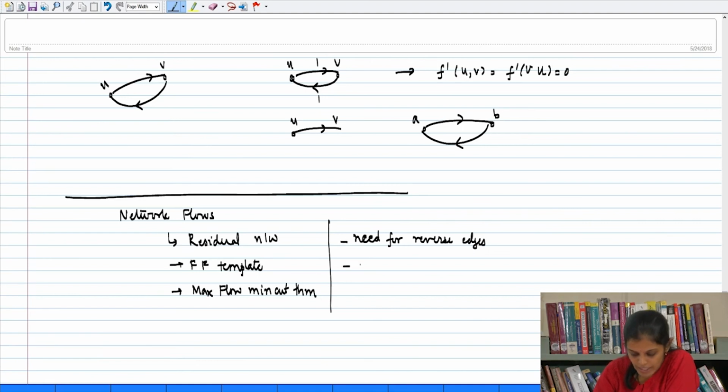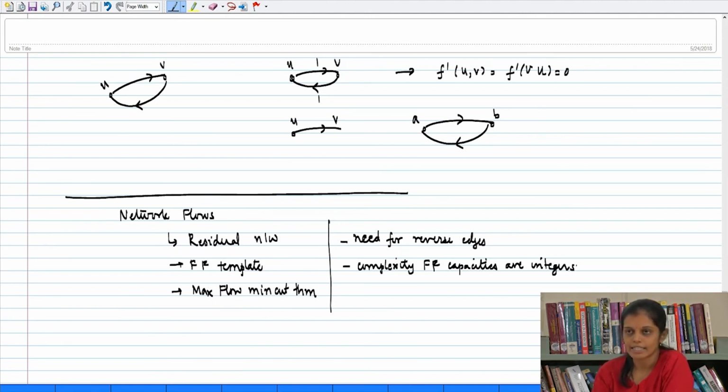Then we also visited the complexity of the Ford-Fulkerson method under the assumption that the capacities are integers, and we saw that the complexity involves a term which has the max capacity on any edge, which need not be polynomial, therefore the running time of the algorithm need not be polynomial in the size of the input.